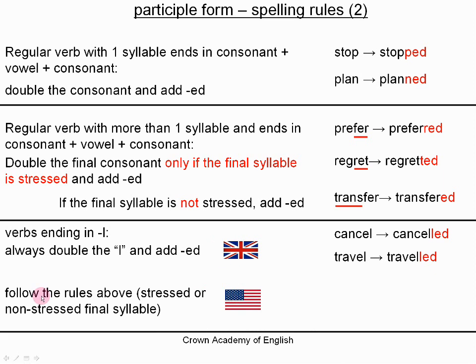In American English, they follow the rules above here, so they follow the rule about stressed or non-stressed final syllable. So in American English, it is I have cancelled with a single letter L. I have travelled, single letter L.